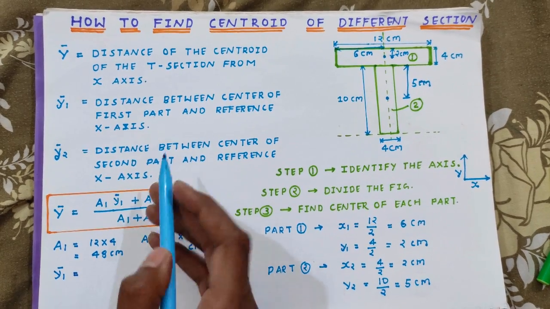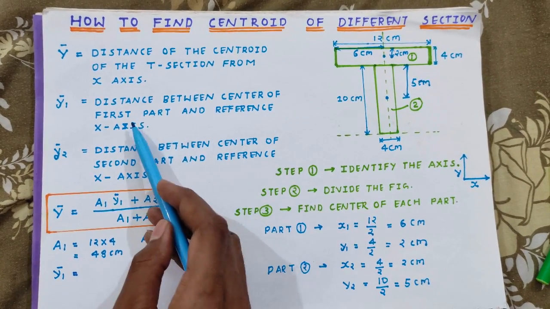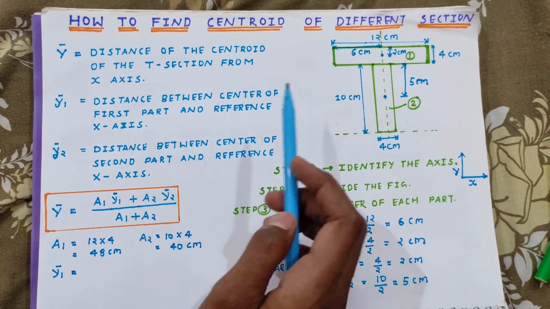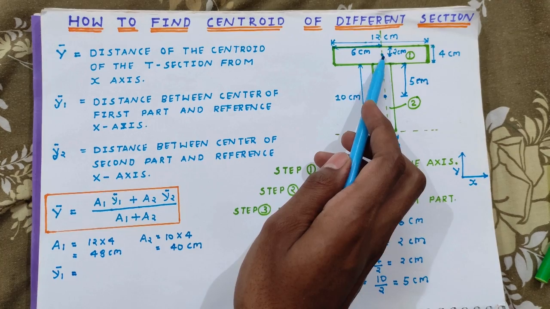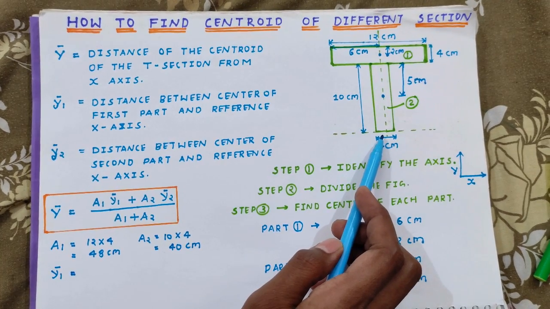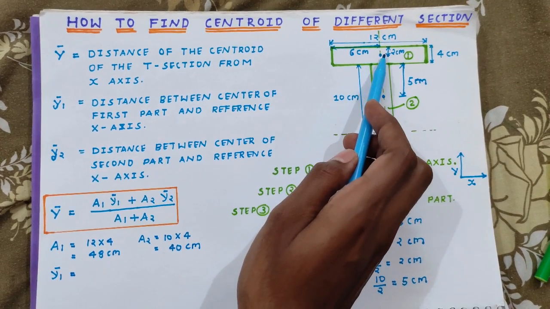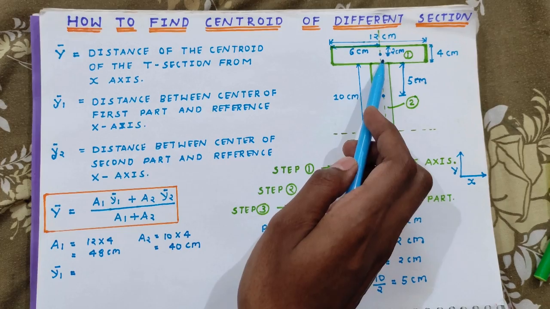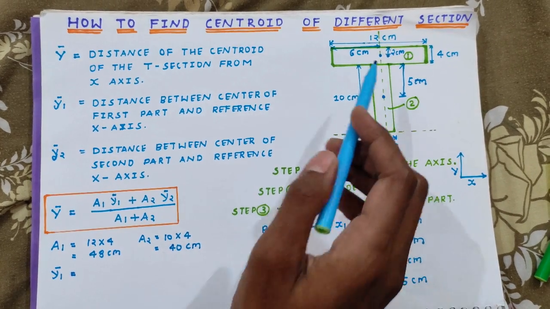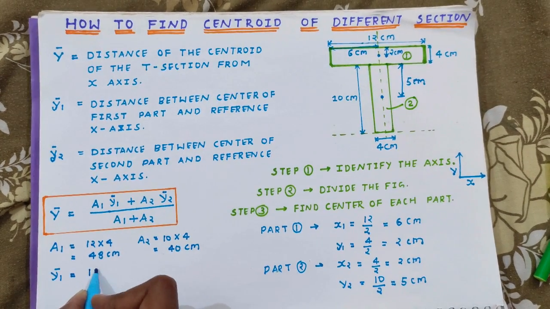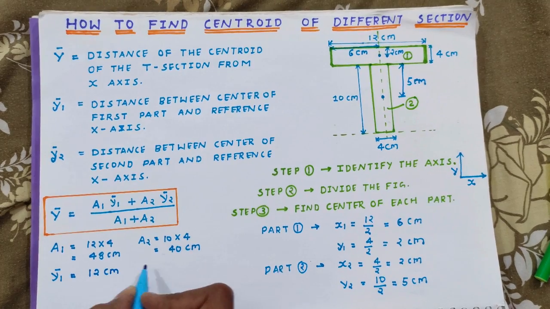y1 bar is the distance between the center of the first part and the reference x-axis, which is equal to 10 plus this distance equal to 2 centimeter. So 10 plus 2, 12 centimeter.